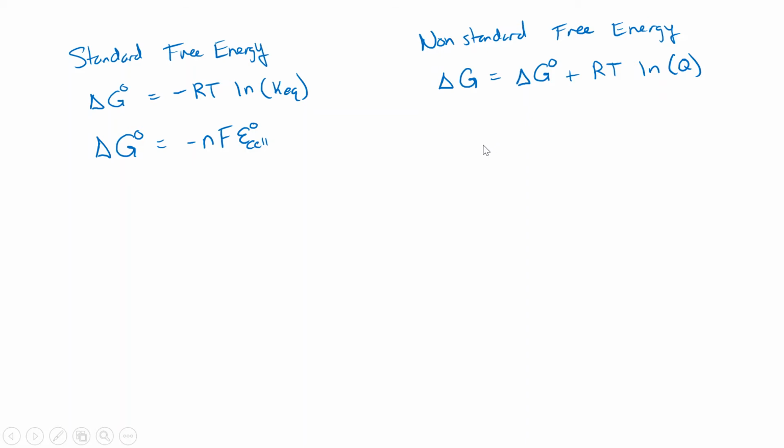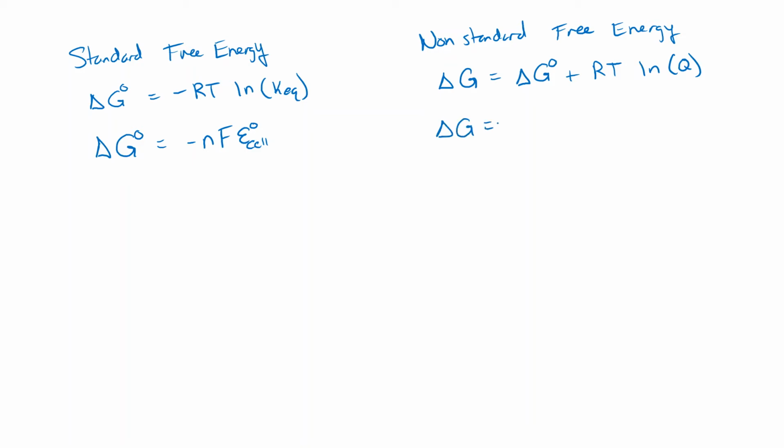What's a little bit more interesting is what can we do in the electrochemistry sense, right? If we have this setup where the standard reduction potential of our cell is related to the standard free energy, can we set up another one where we can do a non-standard free energy, only we can use electrochemistry terms?